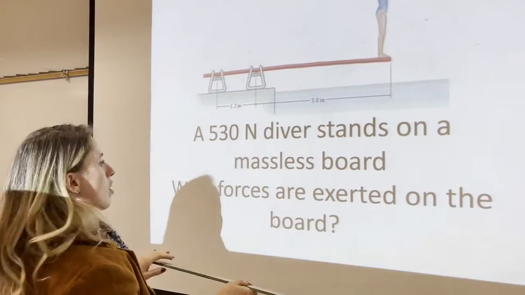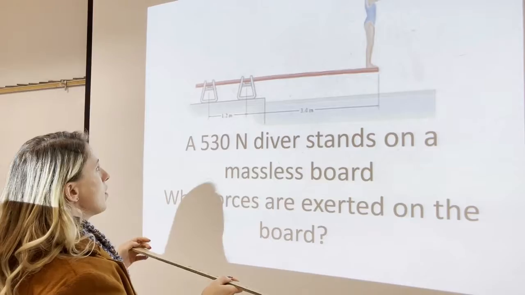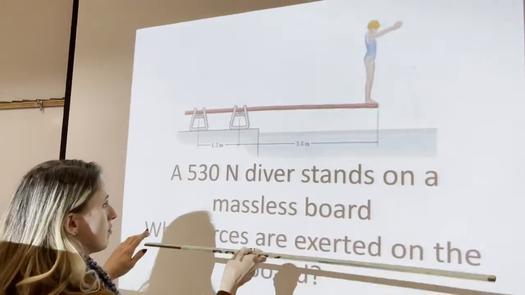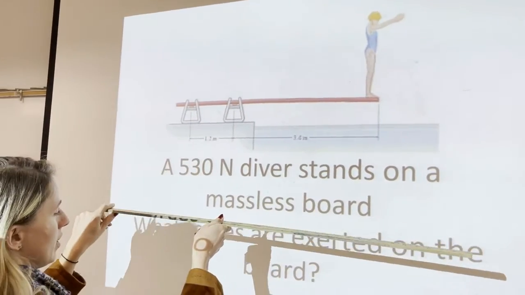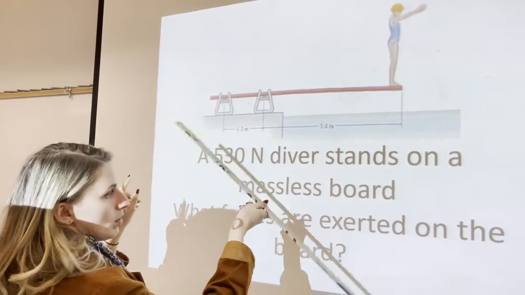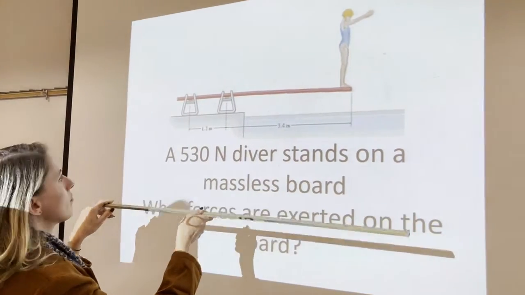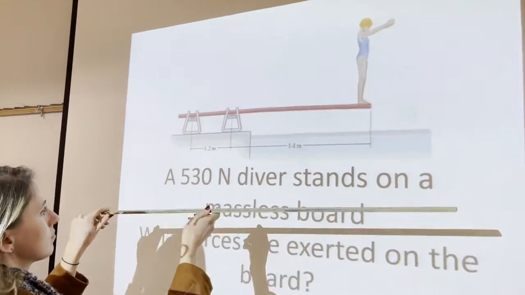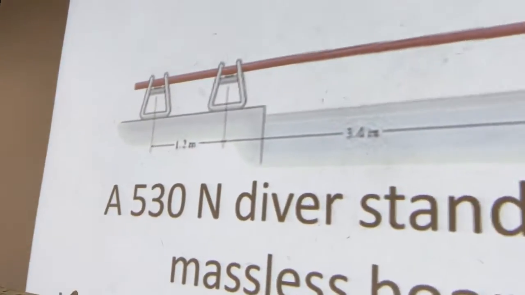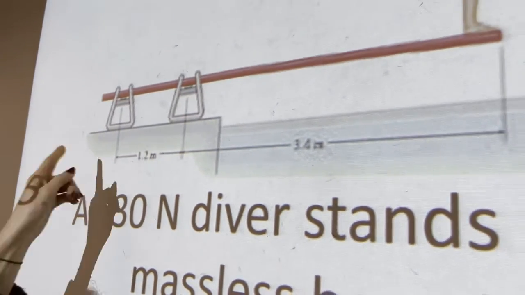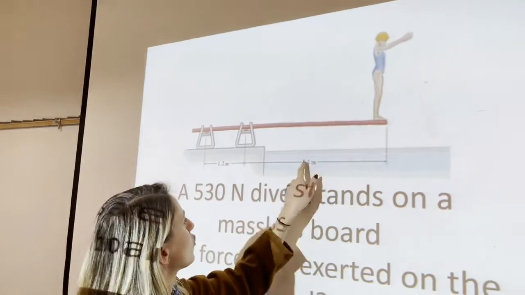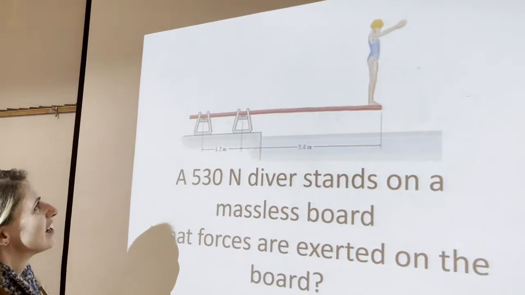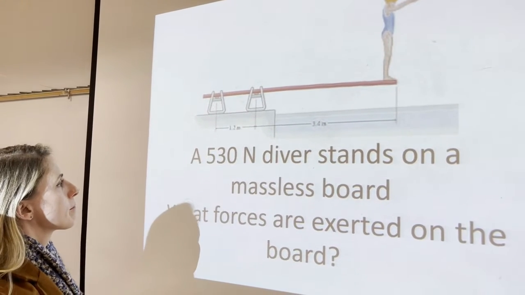When you're doing your torque two-step, you can make either this or this your axis of rotation. I tend to make it this one, but you can also do it with this one. They work the same. Here you've got the lever arms, 1.2 meters and then 1.4 meters, and you've got the one force, the force of the person, so you can solve for one torque.